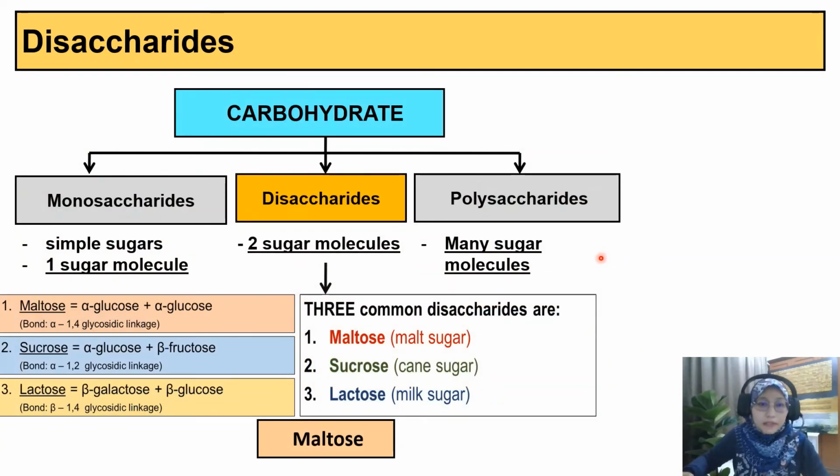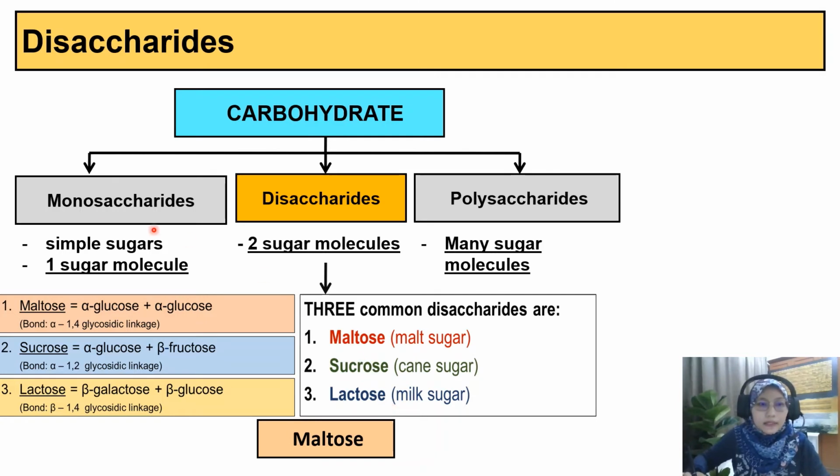As I have mentioned earlier, carbohydrates can be classified into 3 different classes, and the second class is disaccharides. Disaccharides are composed of 2 monosaccharides by the condensation process. There are 3 examples of disaccharides, namely maltose, which is malt sugar, sucrose, such as cane sugar, and lactose, which is milk sugar.